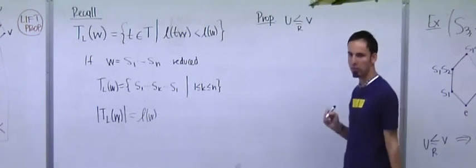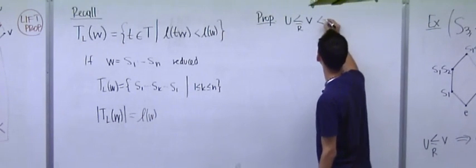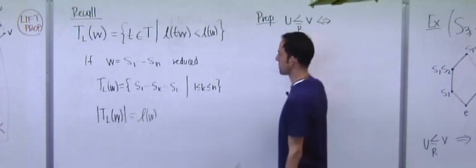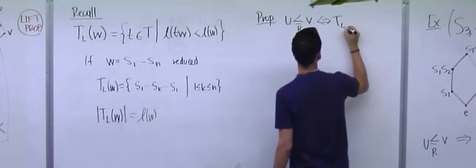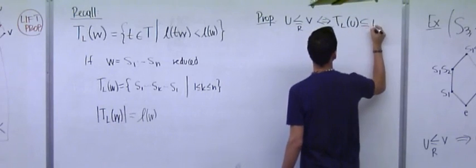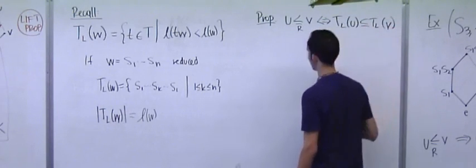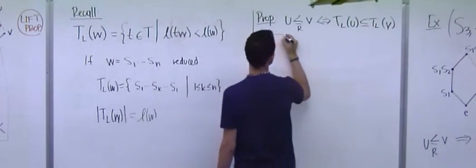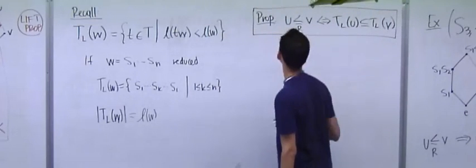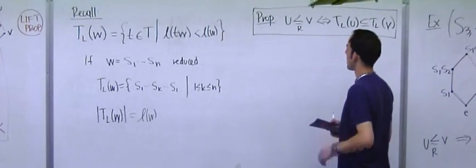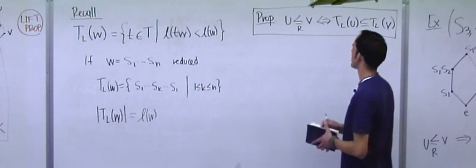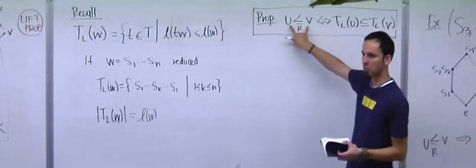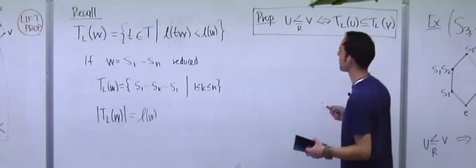U is less than or equal to V in the weak order if and only if the reflections that shorten U are contained among the reflections that shorten V. So this gives me a set-theoretic way of testing whether two things are comparable or not comparable in the weak order.